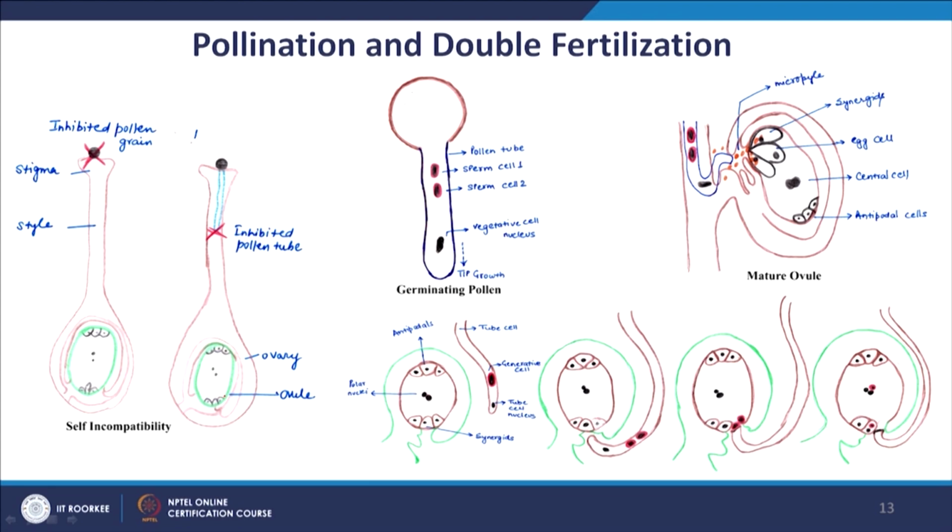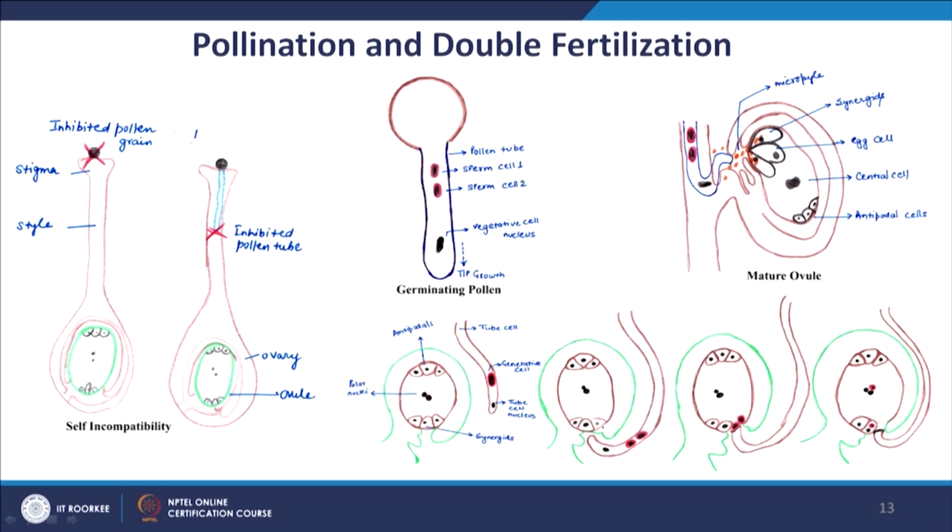But in the case where fertilization is successful, the pollen germinates and makes a structure called the pollen tube. When the pollen tube reaches the micropyle of the ovule, one of the synergid cells secretes some kind of signal, and this signal is very important for the pollen tube to reach the embryo sac.